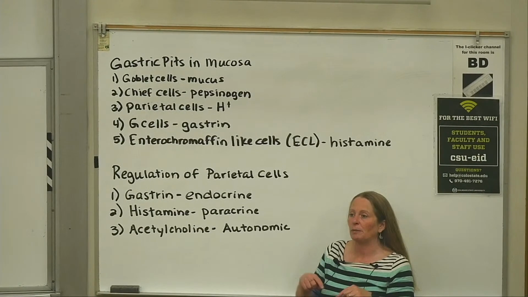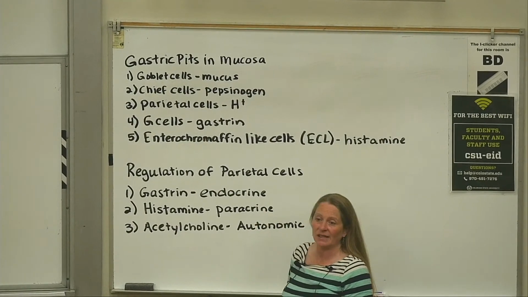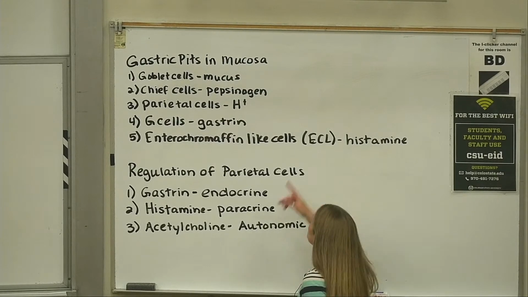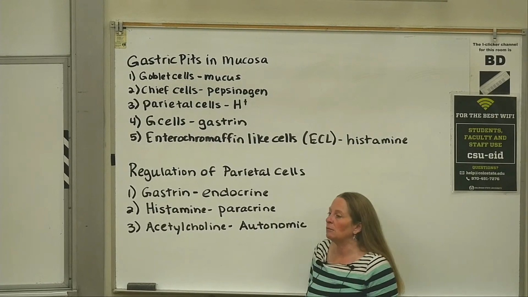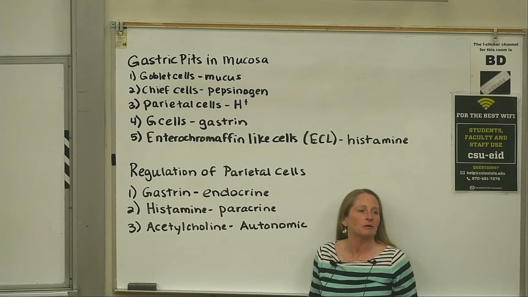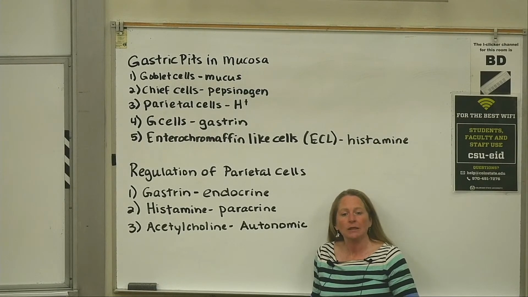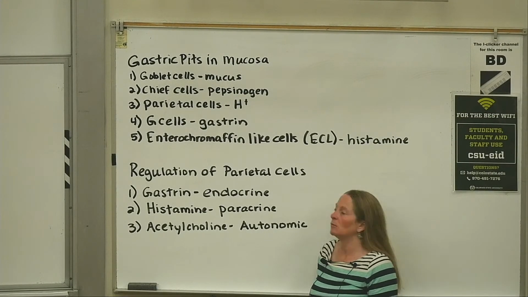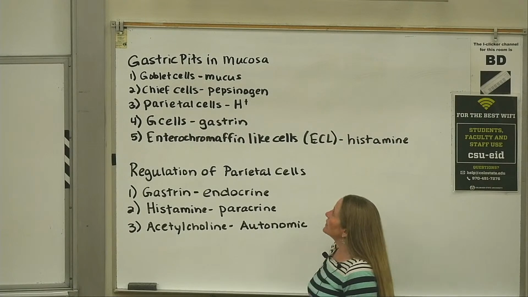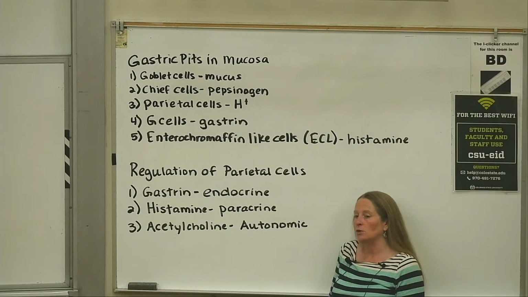Then within the mucosa of the stomach itself, we'll have gastric pits. These are the cells that do a lot of excretion of the enzymes that we need. The first one is goblet cells producing mucus. With this high acidity in our stomach, we need to protect our own cells from that acid, so we put a thin layer of mucus over everything. Goblet cells create that mucus for us. Chief cells release pepsinogen, an inactive enzyme, that's the O-gen on it.